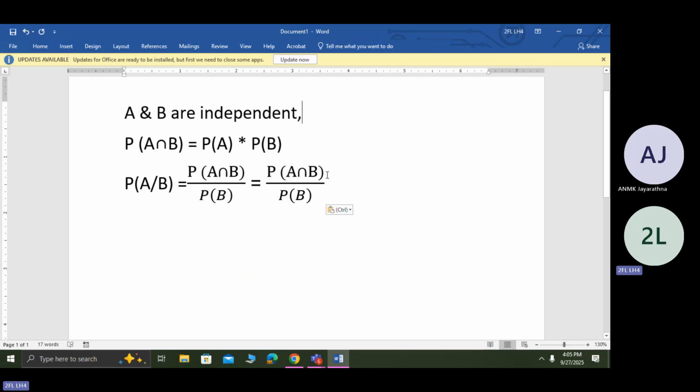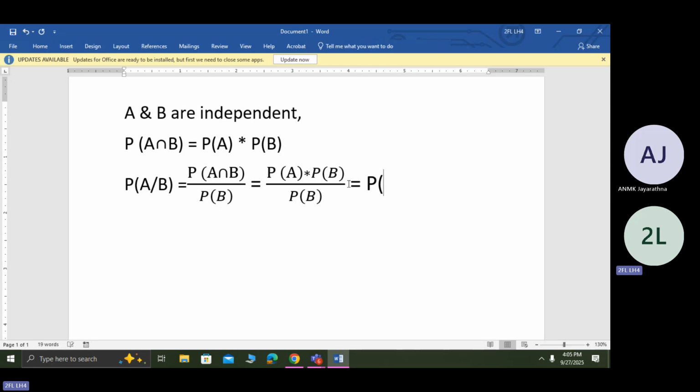Understood? Then here, instead of intersection, now you can write down probability of A into probability of B divided by probability of B. Now what happened? When we simplify it, the probability of B and probability of B we can cancel. What is the answer here?